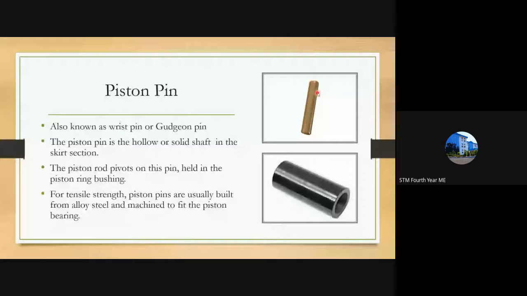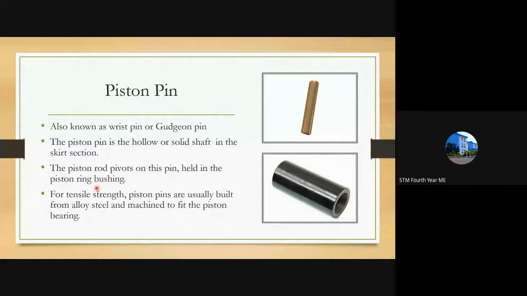While in a hollow one, you can see there is a hole here that runs through the pin. It can be either hollow or solid shaft. Normally, we see hollow. Then the connecting rod pivots on this pin held in the bushing. What is a bushing? I will show you later.